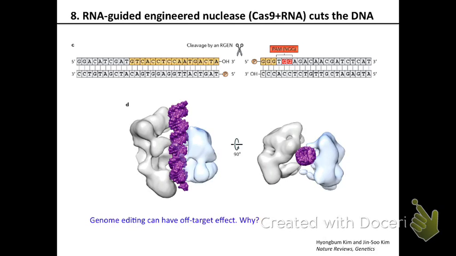But sometimes, even if the sequence is exactly not the same somewhere else, if there is only one or two nucleotide differences, right, the guide RNA can still complementarily bind, perhaps not as efficiently because it's not going to be perfect complementation, right? But it's going to be maybe 1 or 2 nucleotides that's not binding. But if it binds just enough, that Cas9 will be able to cut there as well.